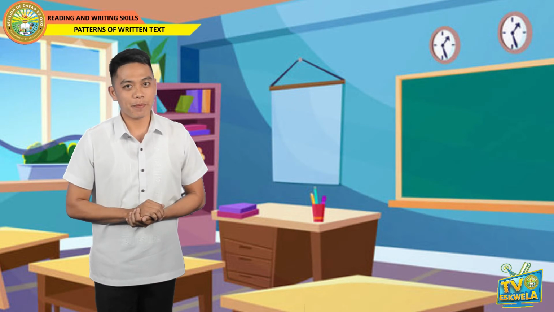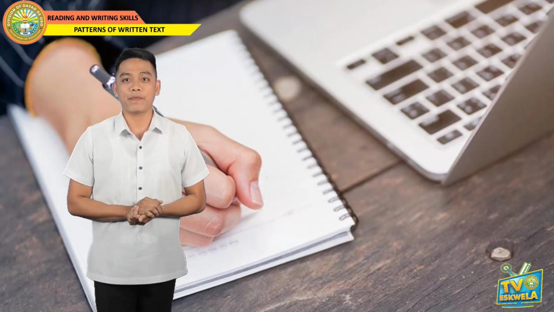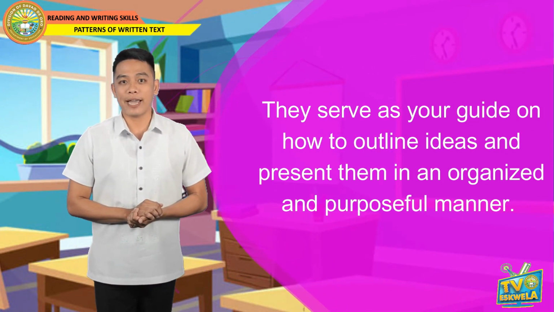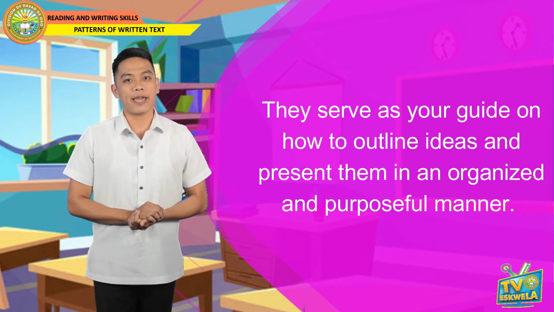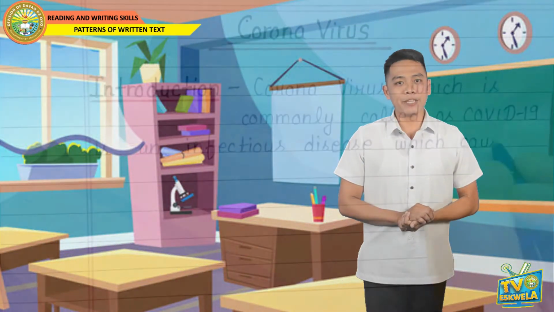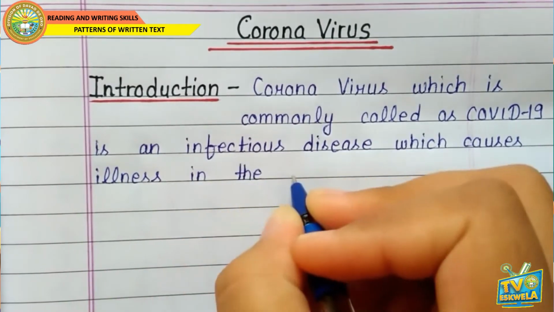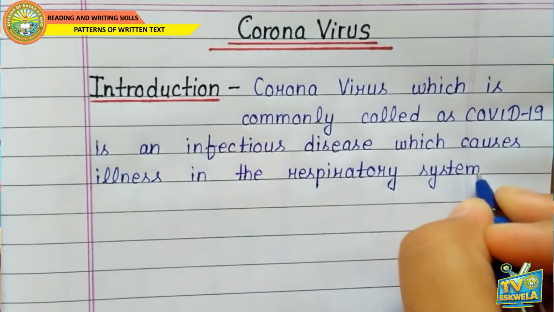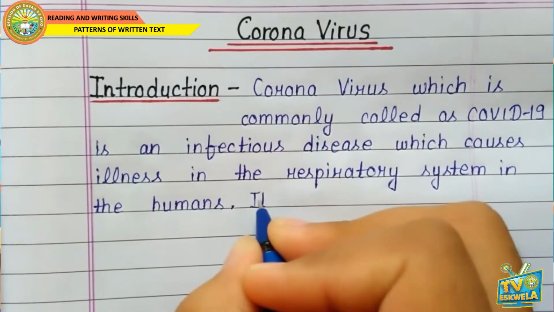Similarly, patterns are also important in writing. They serve as your guide on how to outline ideas and present them in an organized and purposeful manner. Patterns of developing a paragraph help you sort out information, shape your writing, and enhance understanding of written text in various disciplines.